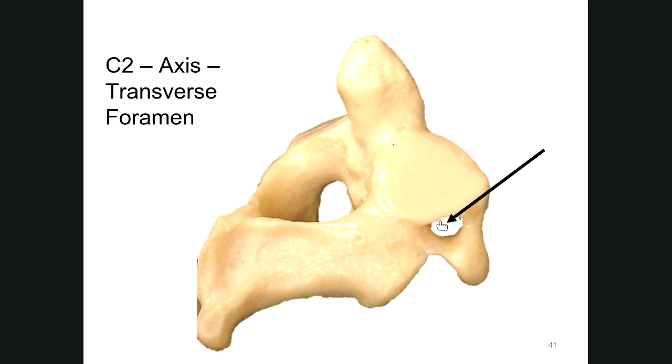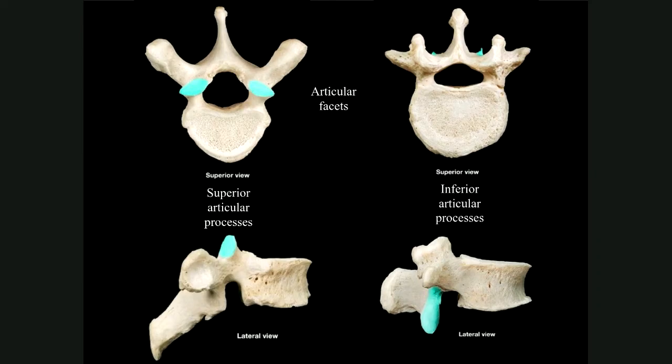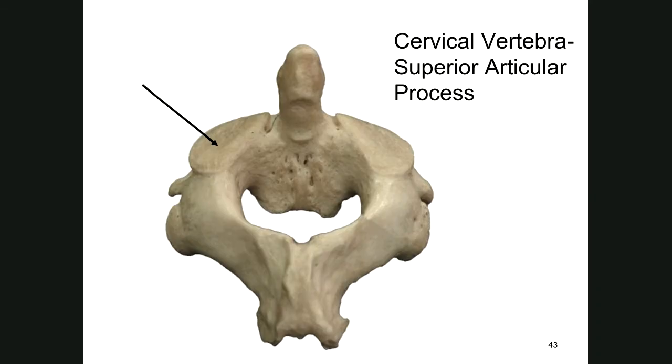This next slide is going to explain the difference between a process and a facet. So I need some white here so I can draw my picture. A process is what? A bony projection, bone that is part of the bone that comes off of the main bone.